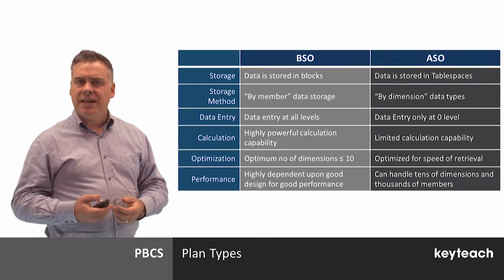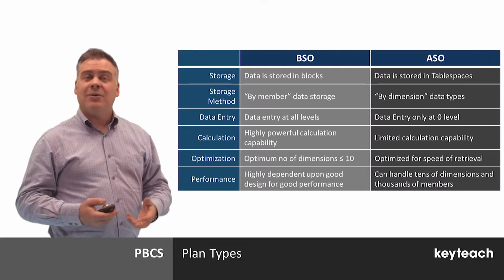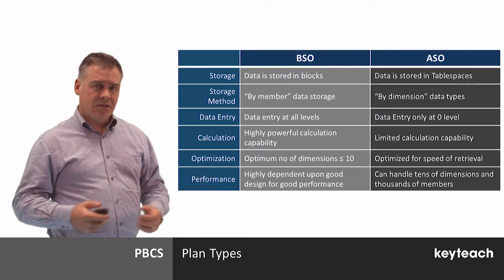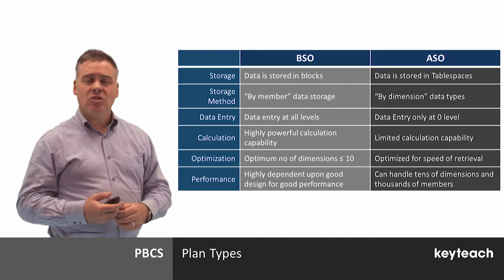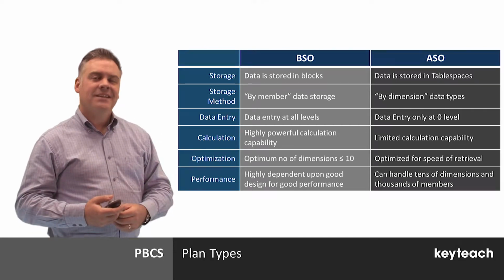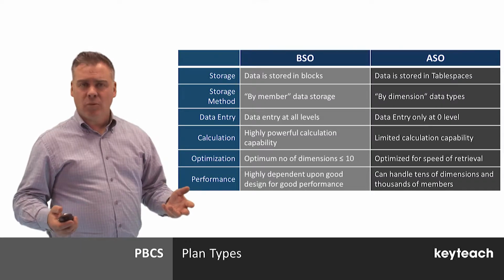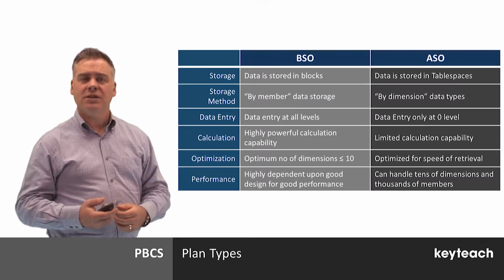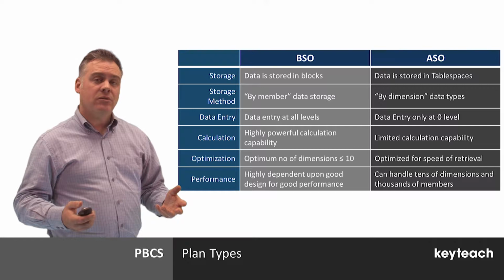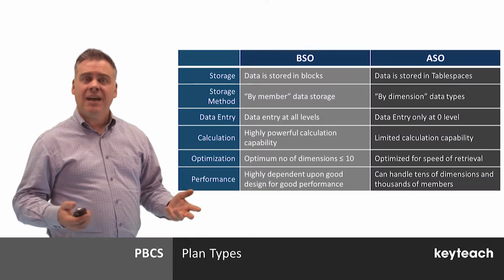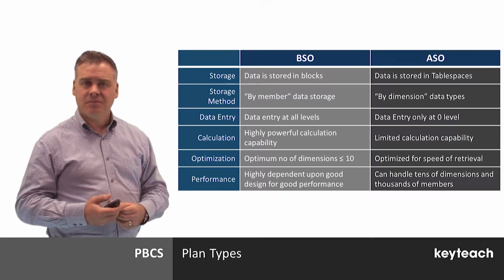Storage options can be set for individual members, allowing some to be stored, others dynamically calculated, and so on, as required. Data entry can be done at any level in the hierarchy, dependent on the properties of the version member you're working with, allowing for both base-level data collection and top-down allocations.